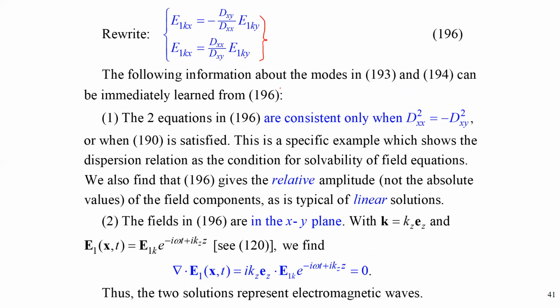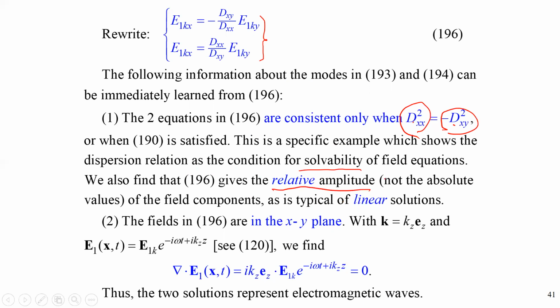The following information about the modes can be immediately learned from equation 196. 1. The two equations here are consistent only when this one holds, because this one plus this one plus this one equals 0, right? So this is a specific example which shows that the dispersion relation, as the condition for solvability of the field equation, gives the relative amplitude.